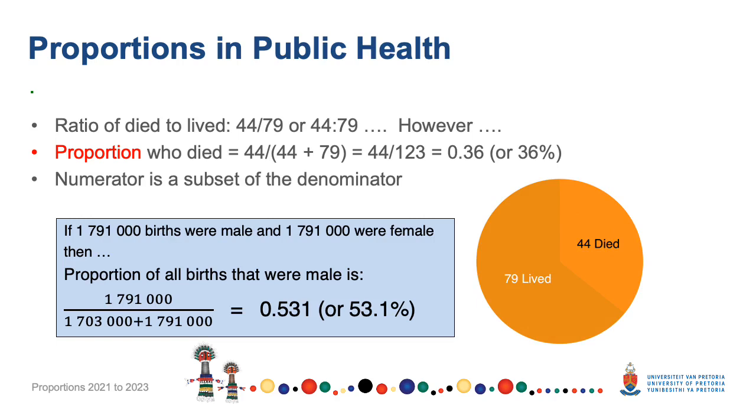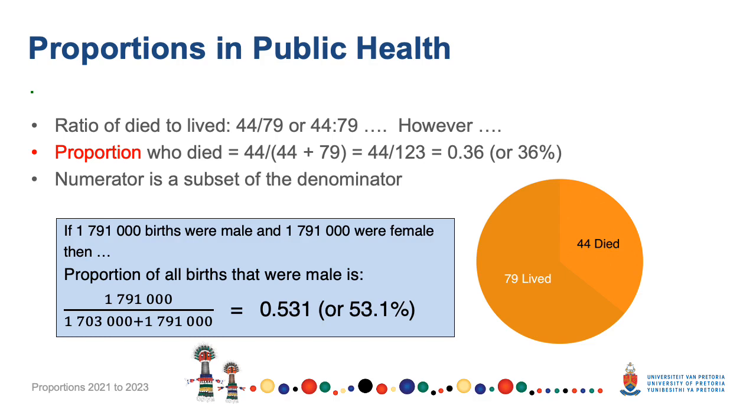This is the first of two slides where we illustrate the concept of proportion in an applied way for epidemiology. In this first one, we talk about a ratio of those who died to those who lived. So if we had a total of 123 people, 44 died, 79 lived, what proportion died?